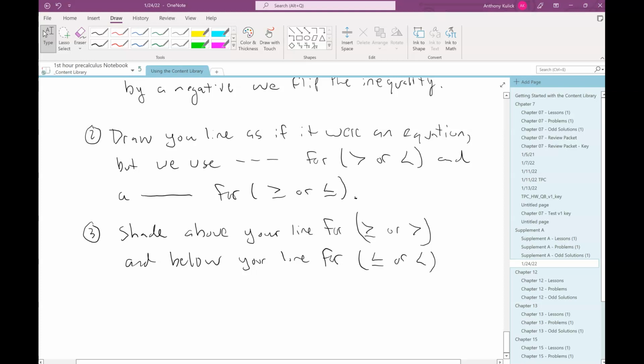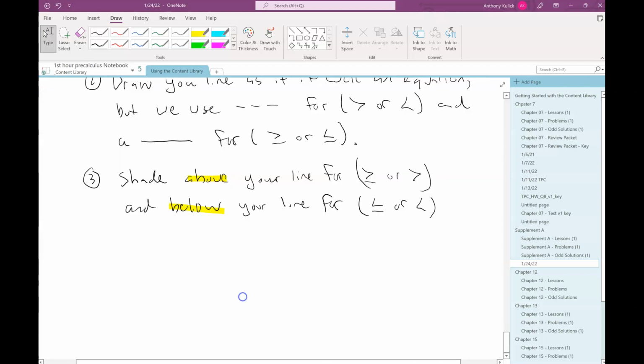Keep in mind that when we say above and below, in the case you have a vertical line, this would now turn into to the left and to the right. Right? Above turns into the right for a vertical line, and below turns into left for a vertical line.